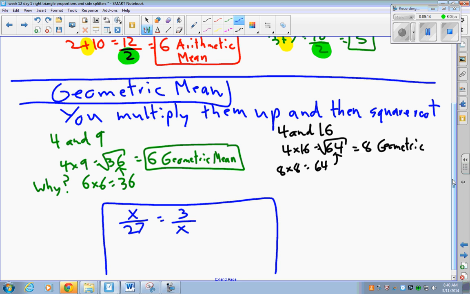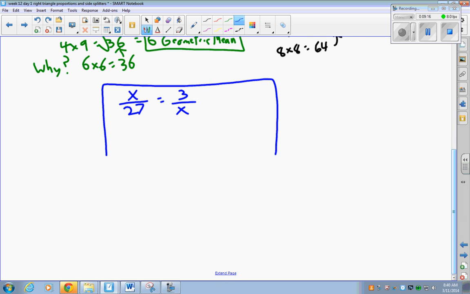And this is the way you can set up. You can solve for a geometric mean this way, because when you look at this, if I cross multiply, I got x squared equals 27 times 3. X squared equals 81. Square root of 81, x equals 9.